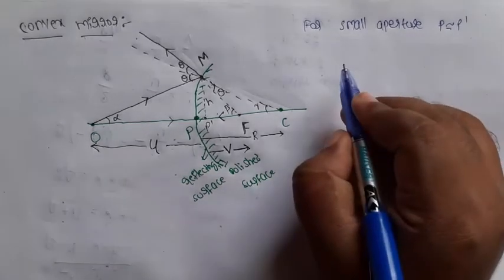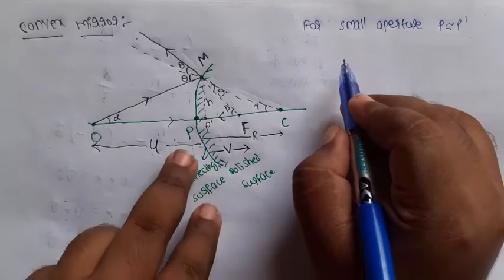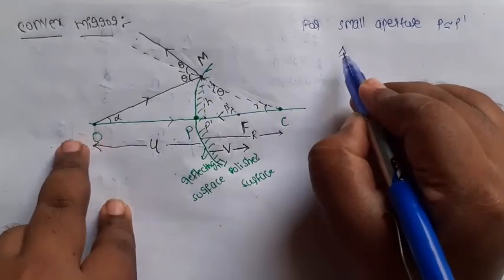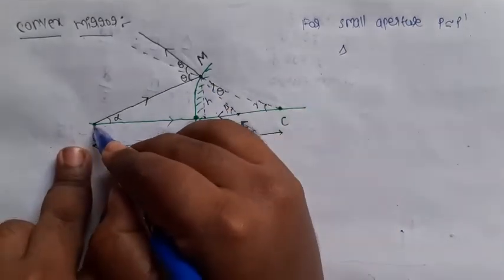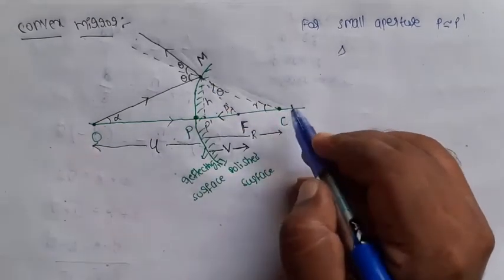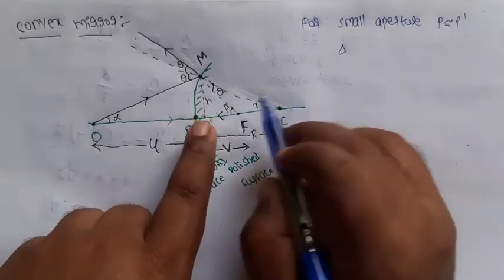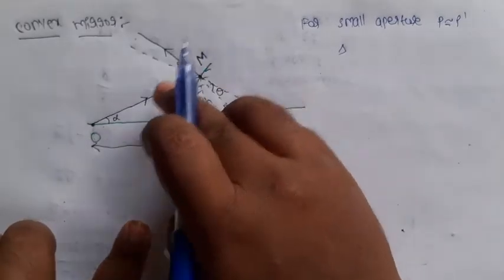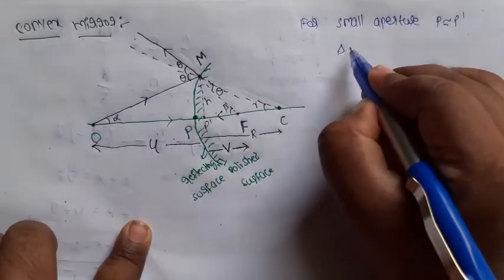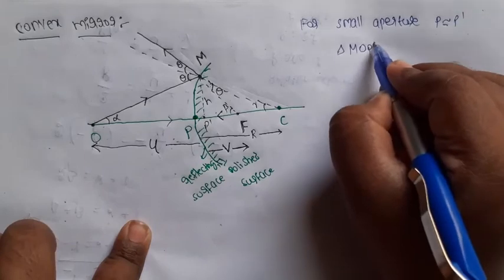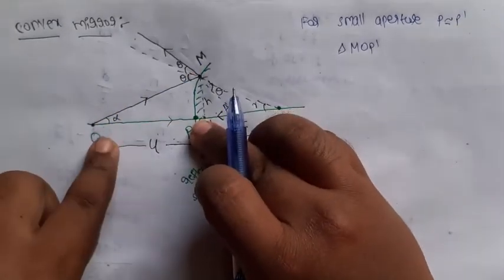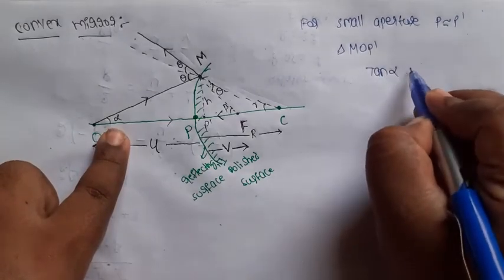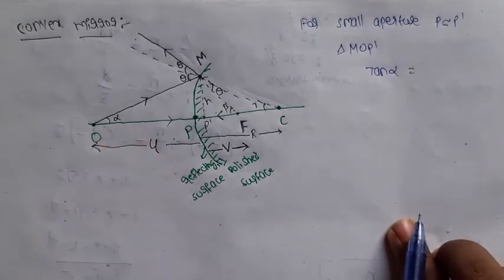Same procedure, applying tan alpha. So I am taking the triangle M O P dash. At this triangle the angle is alpha. I am applying the tan alpha value.